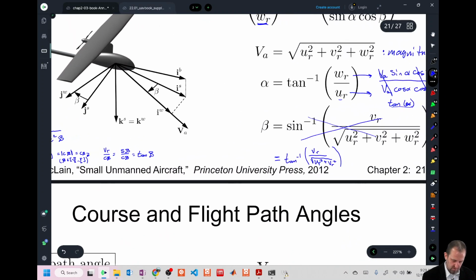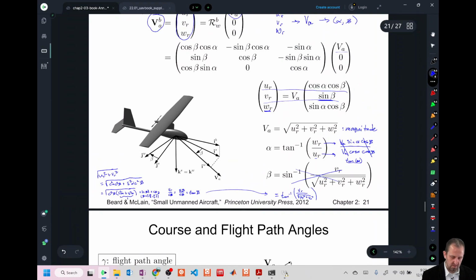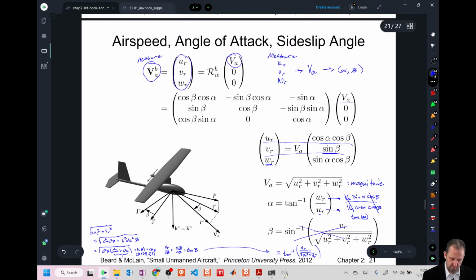So we get this relationship where if we want to get beta out, we just divide V sub R by the square root of U sub R squared plus V sub R squared, take the inverse tangent, and we can get beta out of it. So now, let's review this. We measure U_R, V_R, and W_R, and we can then calculate first V sub A, and then we can calculate alpha and beta.